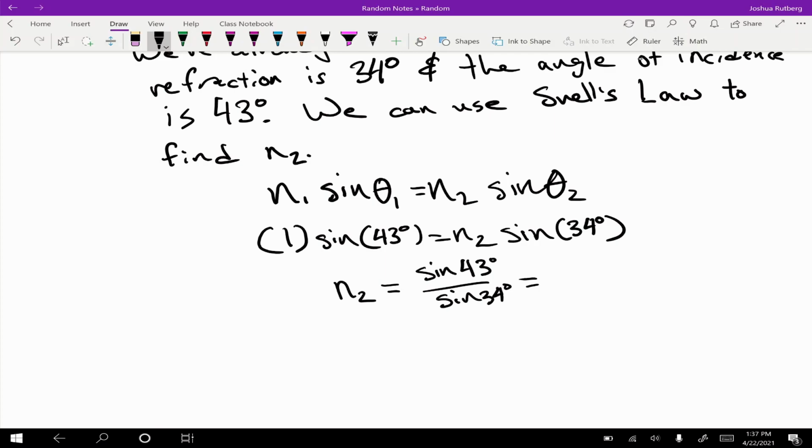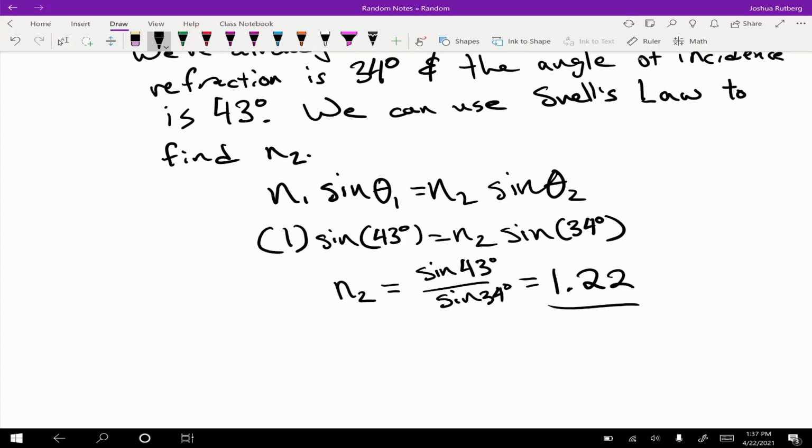And if I plug it into my calculator, sine of 43 degrees divided by the sine of 34 degrees, I get approximately 1.22196, whatever, 1.22. So that is the answer that I get.